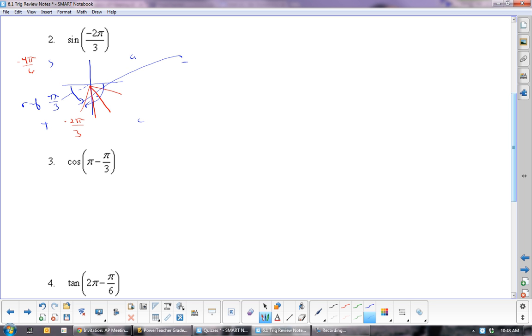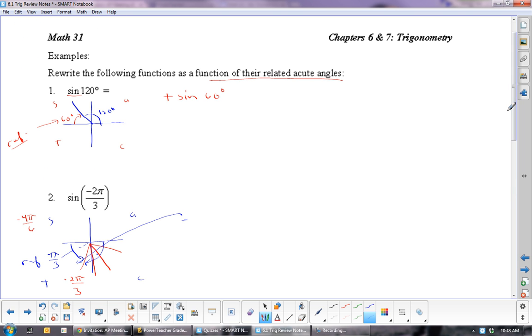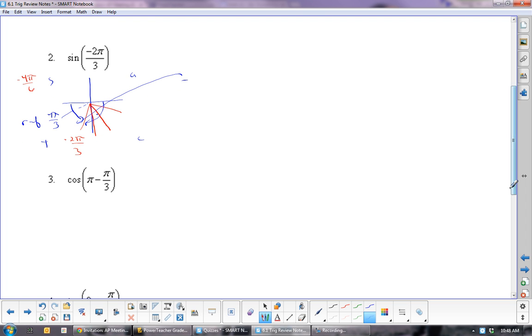If you want, draw an arrow there because that's where you got the negative from. These are our notes, right? You want to know where you got that from? That arrow's going to tell you. So negative sine pi over 3. And of course, you can always test these by putting them in your calculator and making sure you get the same answer.